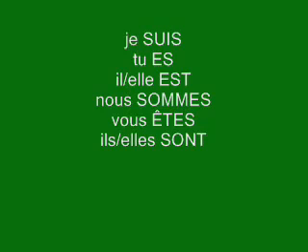So this is how you conjugate the auxiliary verb to be, être, in the present tense in French. Je suis, tu es, il est, elle est, nous sommes, vous êtes, ils sont, elles sont.